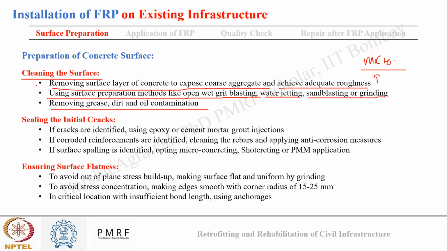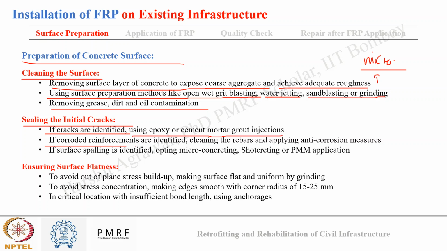The second part in preparation of concrete is sealing the initial cracks. Before we go for retrofitting, it is important to seal the cracks that are initially there in the concrete. If distinct cracks are identified, then we can use epoxy or cement mortar grouting injection.